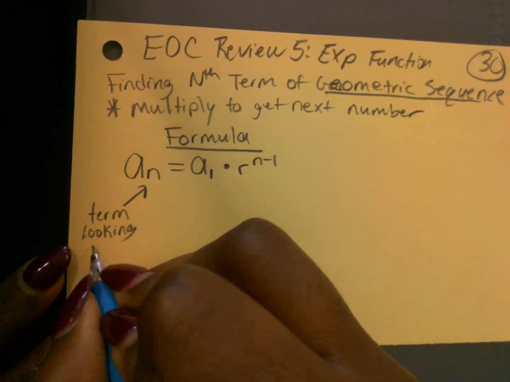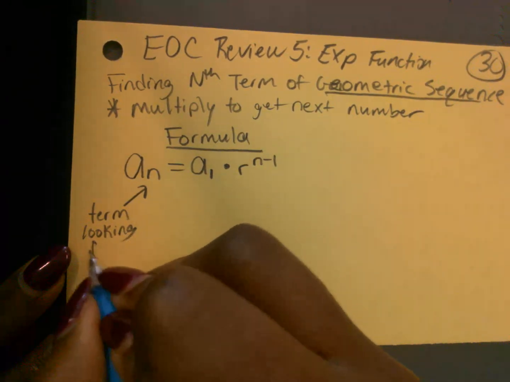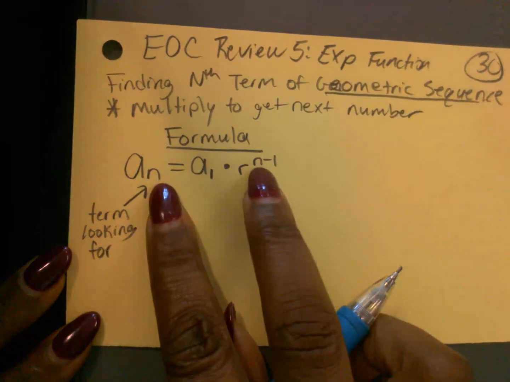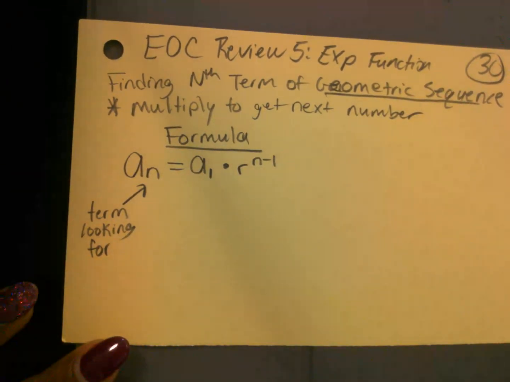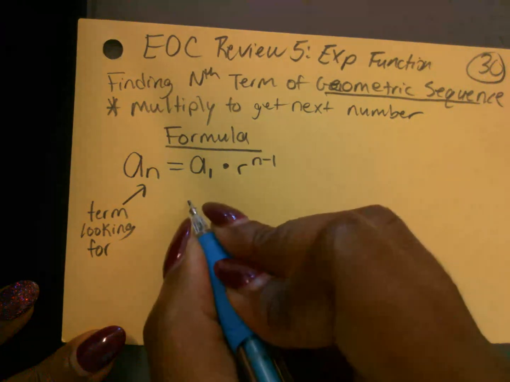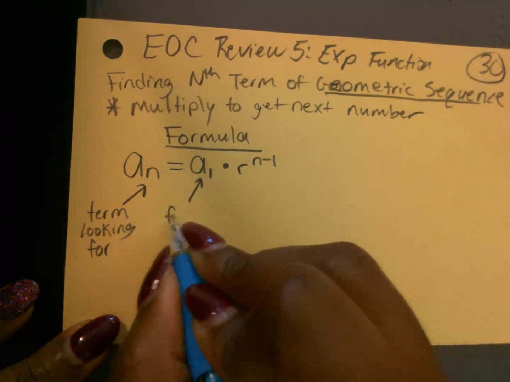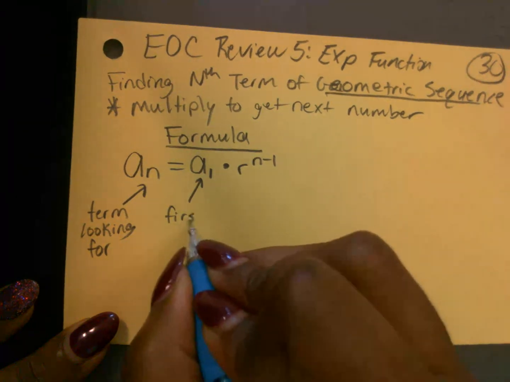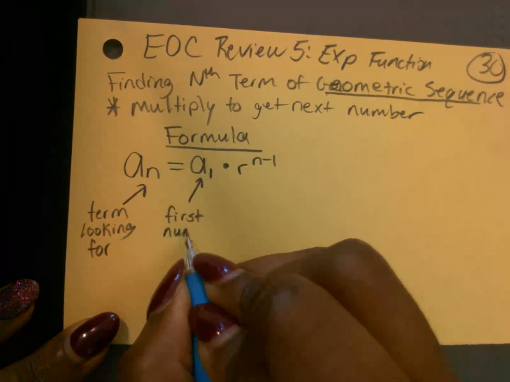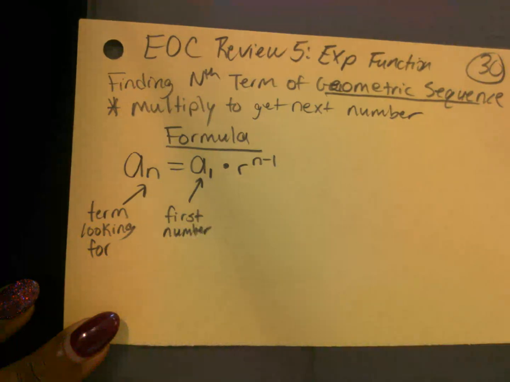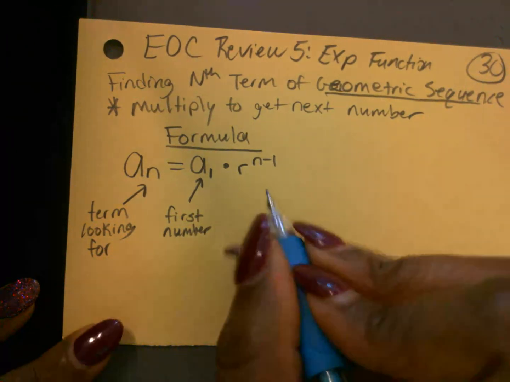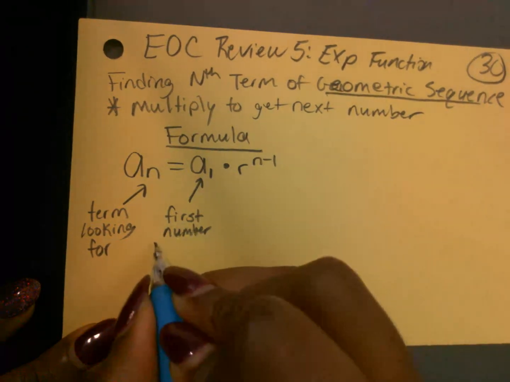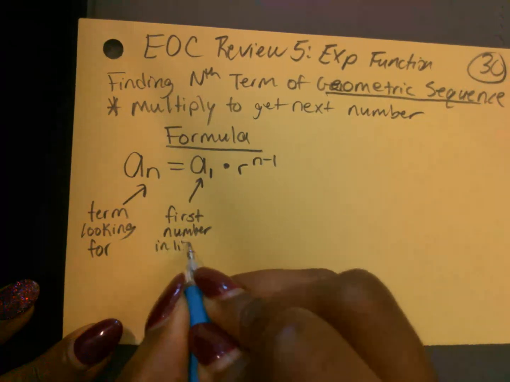So if you're looking for the 10th number in the list, then n is going to be 10. You're replacing n with 10. A sub 1 is the first number in the list. If they say A sub 7, it's the 7th number in the list. If it says A sub 0, that's the starting number. But this is saying A sub 1. This is the first number in the list.